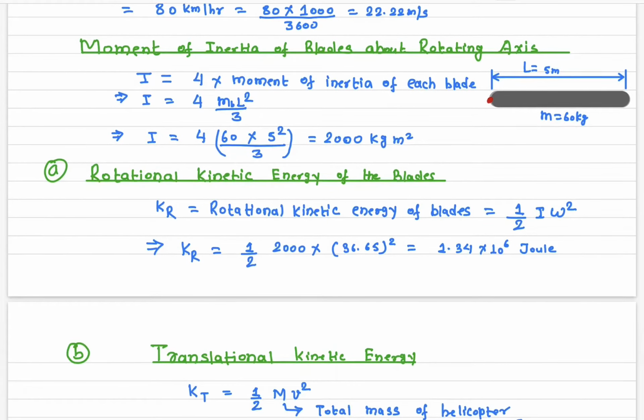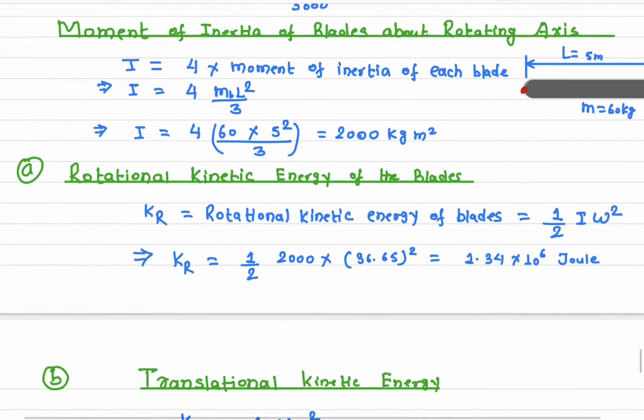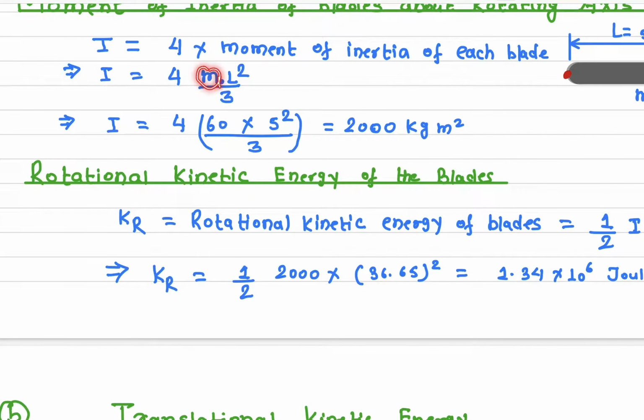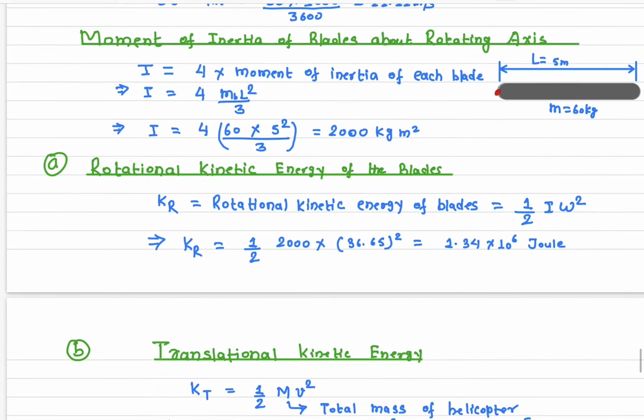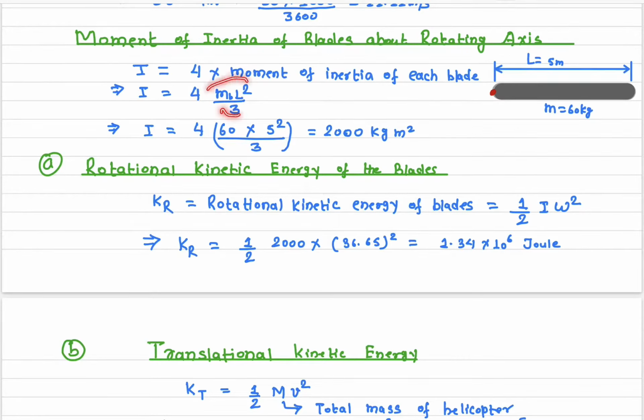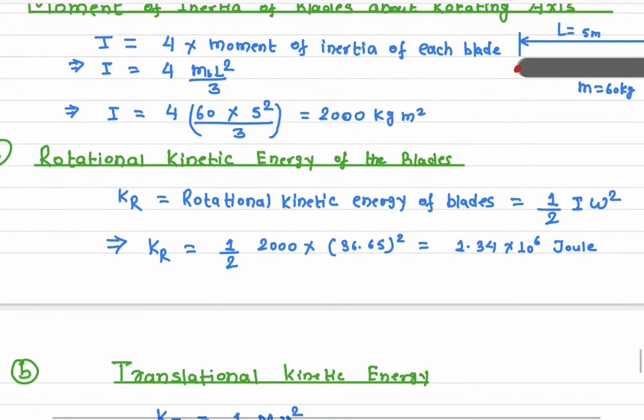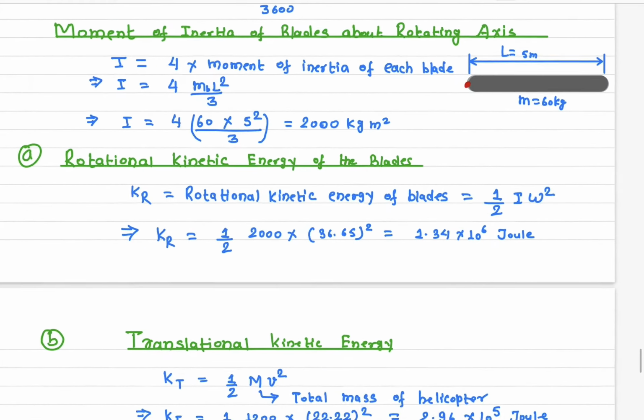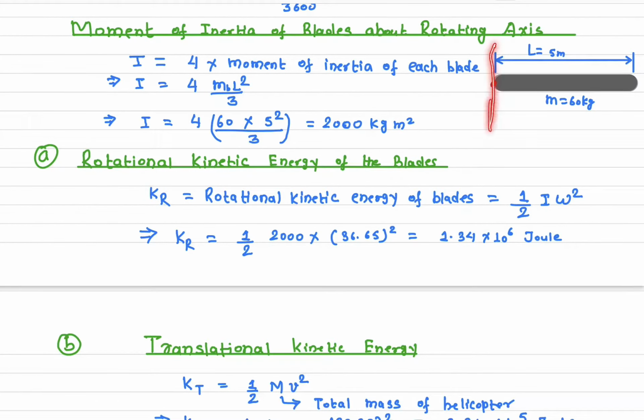The moment of inertia of a rod about one end is given by m l squared over 3, where m is the mass of the blade, and l is the length of the blade. This is already calculated, so you can watch my other videos to see how to calculate the moment of inertia of a rod about one end.